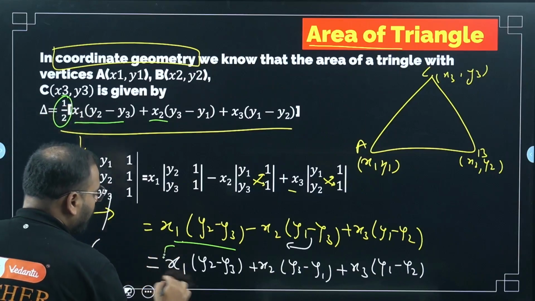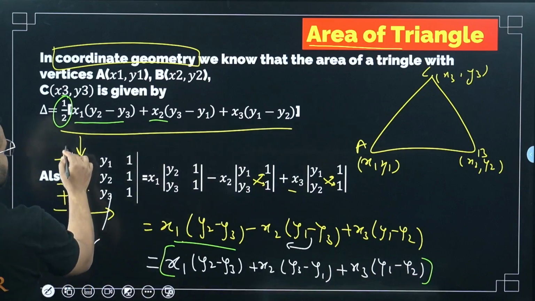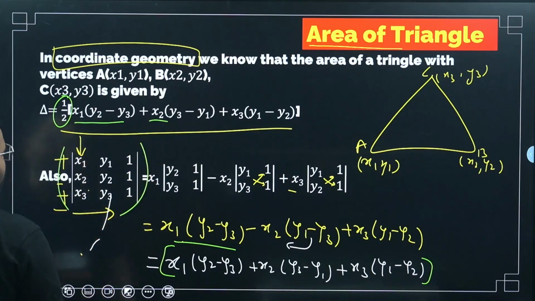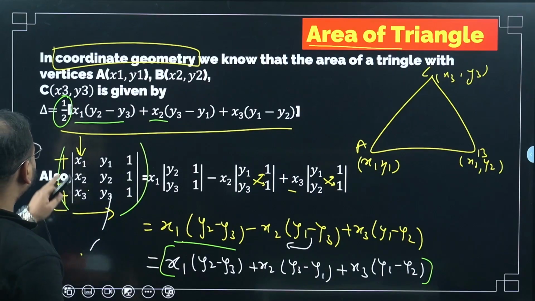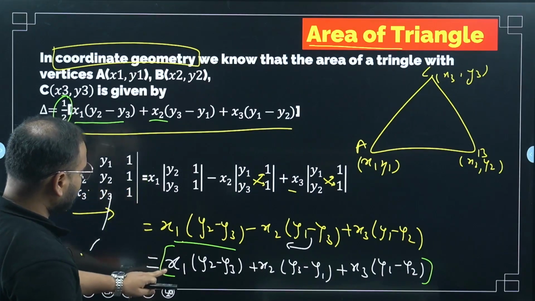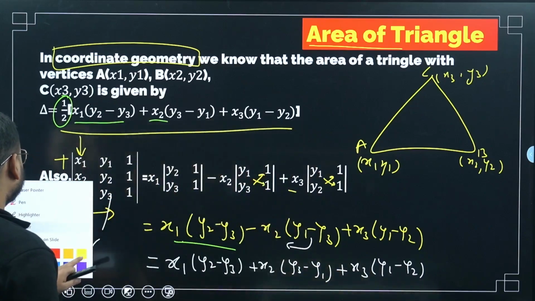If I multiply the whole thing by 1 by 2, I'll get the same value. And what is that, sir? That is my area of the triangle. Check here, please.